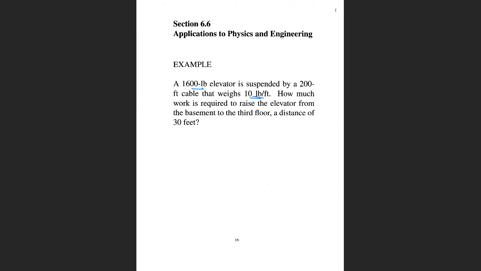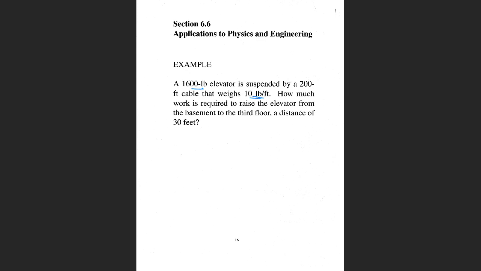So recall in the last class, last Thursday's class, from section 6.6, we looked at example 3 from the textbook that dealt with work needed to lift a cable up to the top of a building. This problem is a little more complicated because we have the cable and we have an elevator.